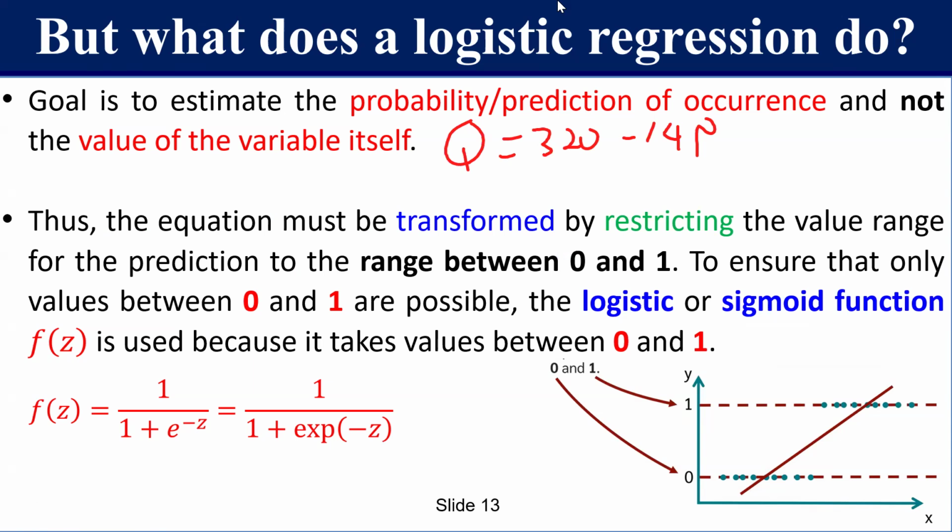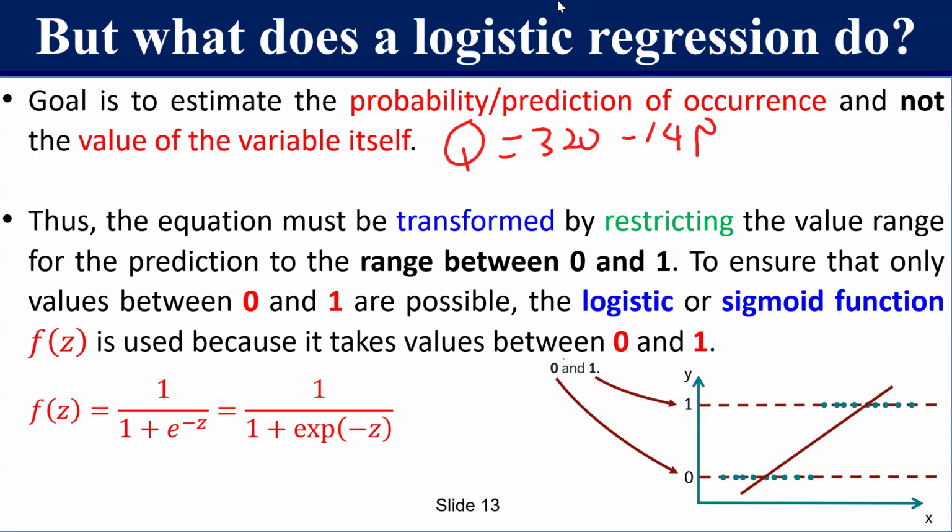Good. So that will be the value. I didn't say that quantity will be either this or that. But in a logistic regression, you are predicting not the value, but the probability of the occurrence or the non-occurrence of the value. That's why I said occurrence and not the value of the variable.